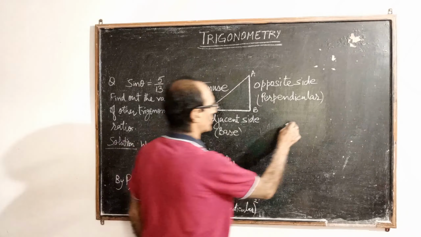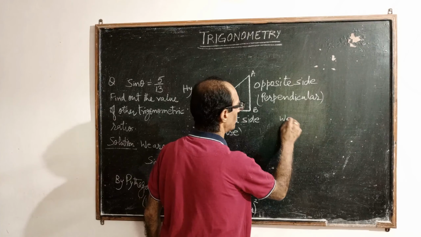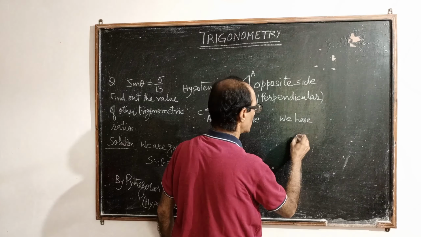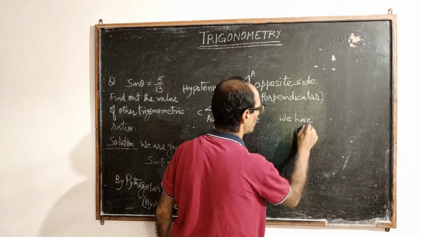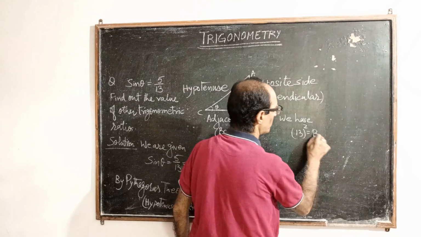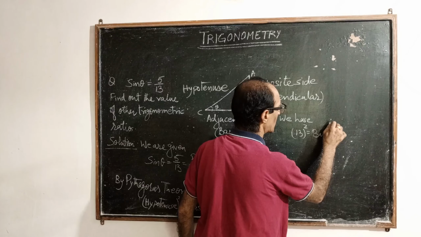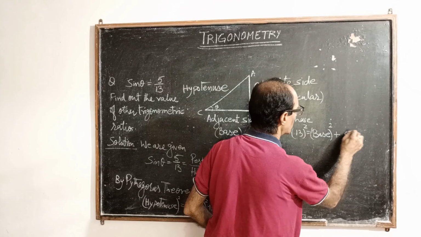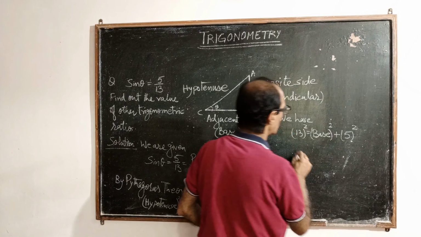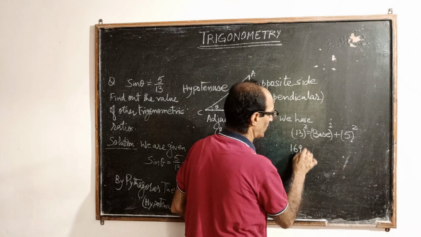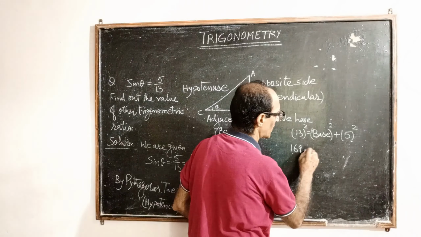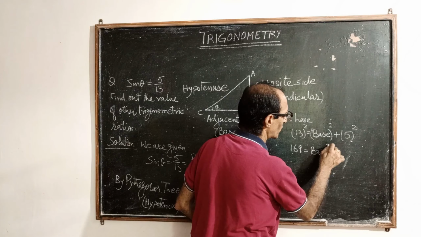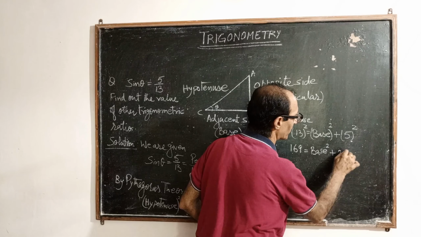So we have 13 square equal to base square plus 5 square. 13 square is 169, that is equal to base square plus 25.